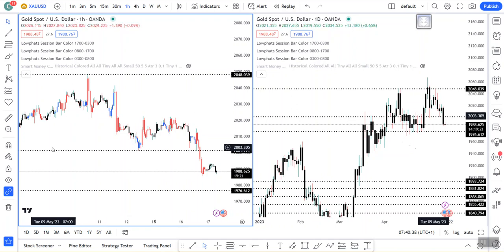So you can term this area as a support zone, and it is a demand zone as well.